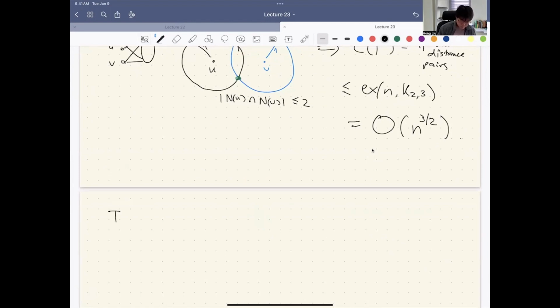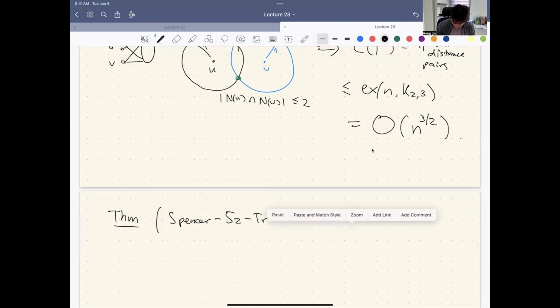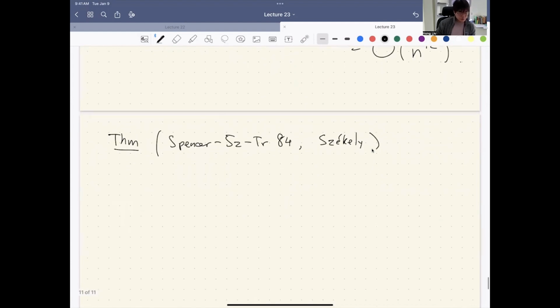Spencer, Szemerédi, and Trotter in 1984, and Székely gave a shorter proof. So theorem. The shorter proof is this proof.